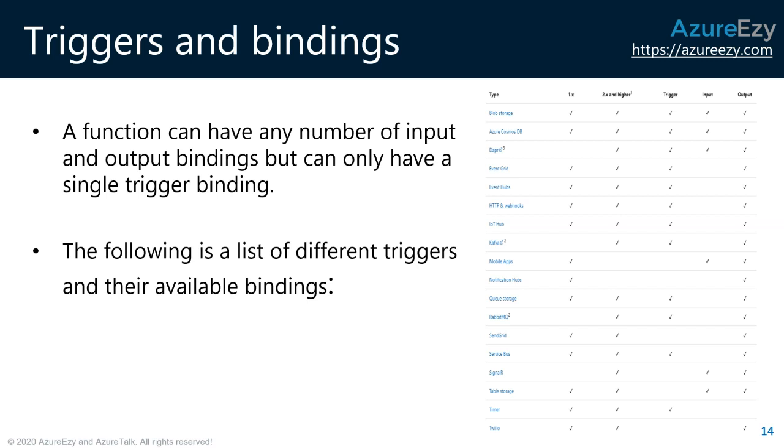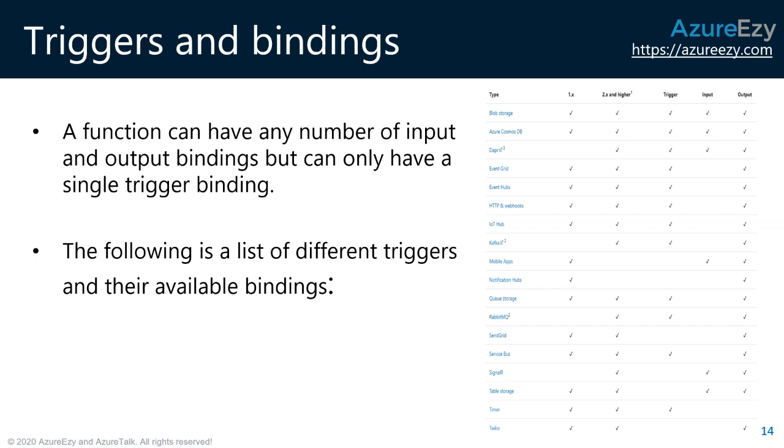So you can say your binding will be an HTTP request based binding. Let's say you need blob storage as an input, or an HTTP request as an input, and you want to put the output data into blob storage or a Cosmos DB. You can do that.